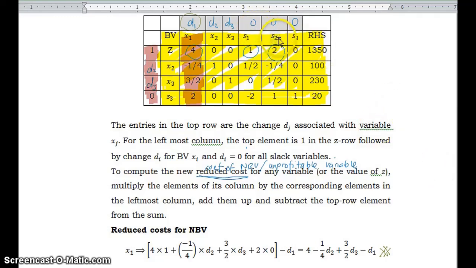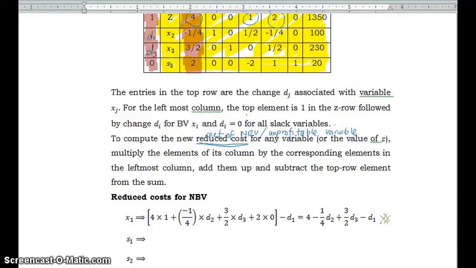And for S2, the reduced cost is 2 times 1 plus negative 1 over 4 times D2 plus 1 over 2 times D3 plus 1 times 0, and then minus 0. We can write it here.